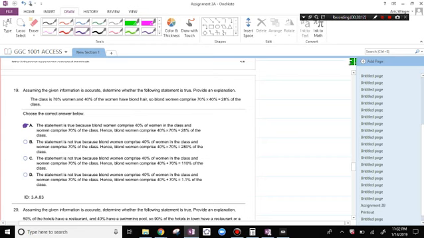So the way that you can test it, if you have 100 people, 70 women, and then 40% of those women are blonde, that is 28, and 28 out of 100 is 28%.